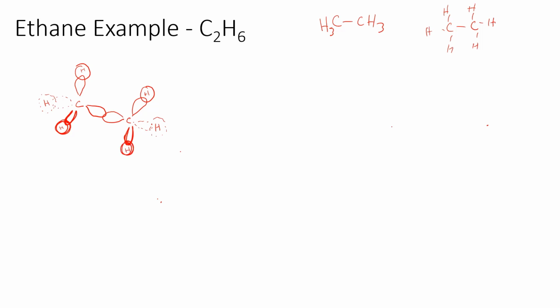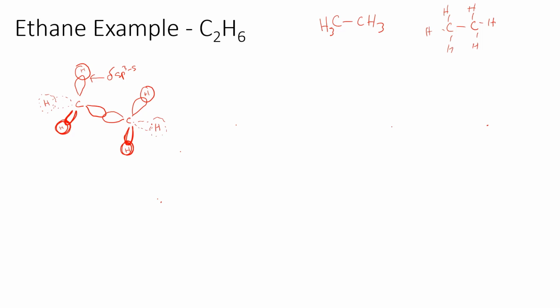So then one of the things that we wanted to note is the types of overlap that we're going to see. All of the overlaps between carbon and hydrogen are what we call a sigma sp3-s overlap. They're sigma overlaps because we see the electron density directly between the 2 nuclei. It's directly on that internuclear axis that we talked about previously.